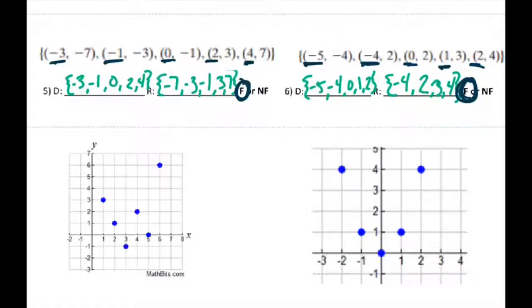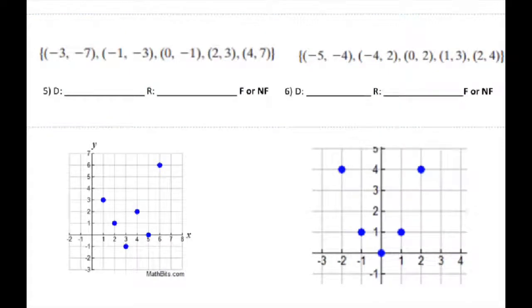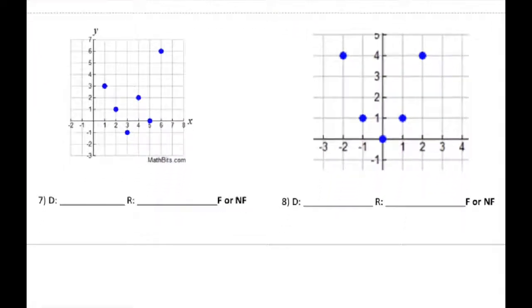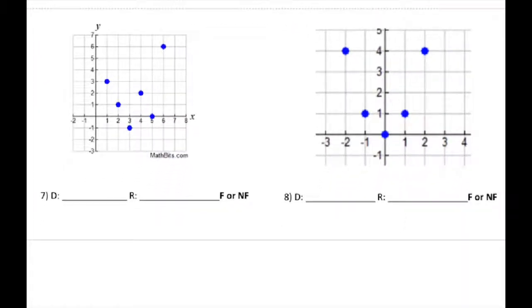So in the last type of domain and range on this page, the bottom is very easy. We are getting the domain and range from a graph. But in this type of graph, I want you to write the word discrete. What discrete means is that my points are ordered pairs that are not connected to a line. There's no line going through them, and that's on purpose.